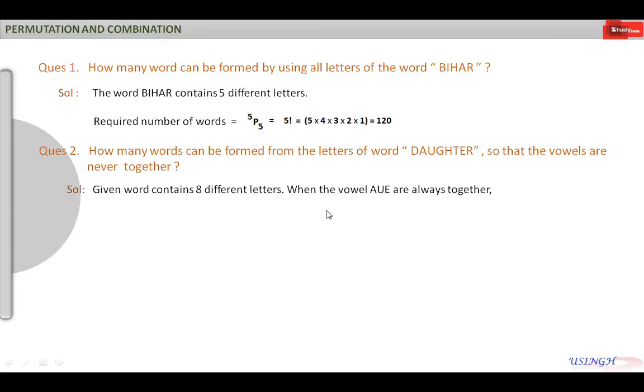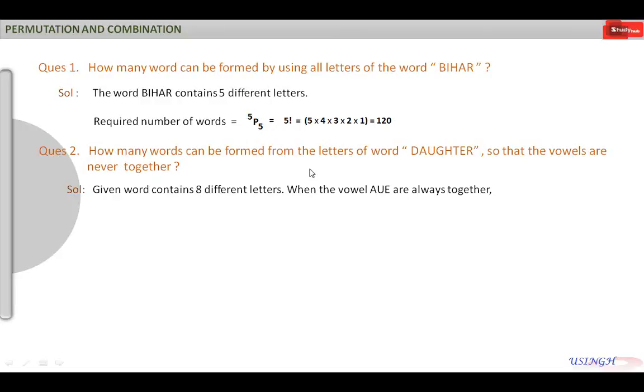Let's see how we are going to arrange it. As I told you earlier, daughter contains 8 different letters. Now calculate how many vowels there are. We can see A, U, E: there are 3 vowels.